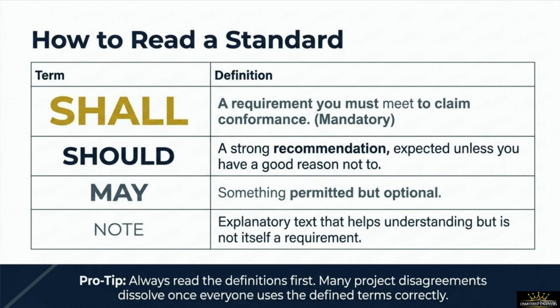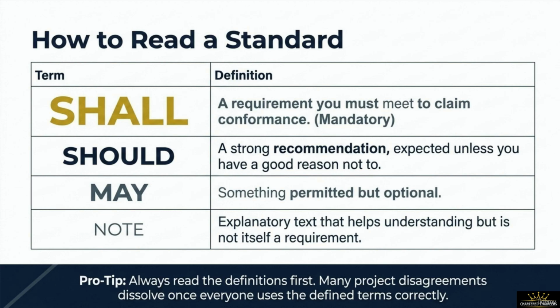Second, the word should indicates a strong recommendation. This means the action is fully expected by the market unless your team has a documented, highly sound engineering reason to deviate. Third, the word may indicates something permitted but entirely optional, giving you a clear path for flexible execution.